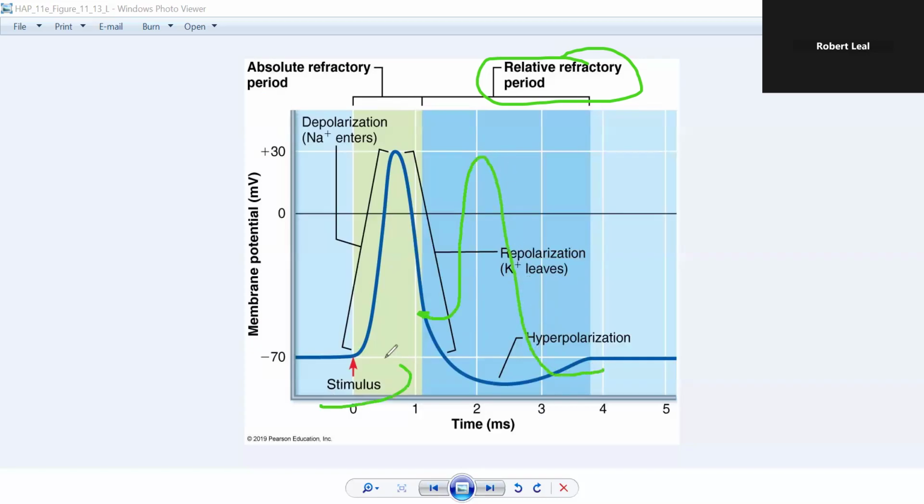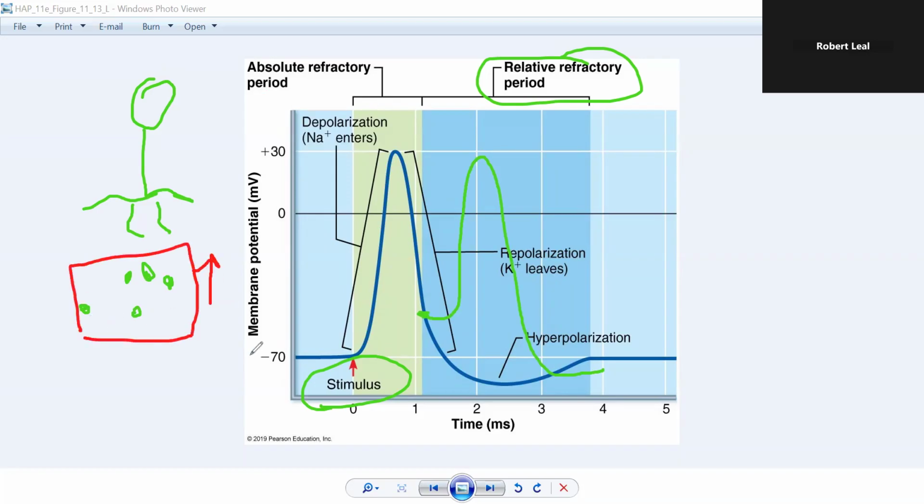What do you mean stimulus? Well, in this case, the stimulus was the release of neurotransmitters onto another neuron. I'll draw it in red. The first release of neurotransmitters is the stimulus. So if I want to create an action potential before I come back to rest, right about here, I need more neurotransmitters than I did the first time.